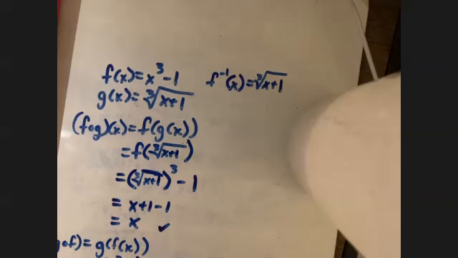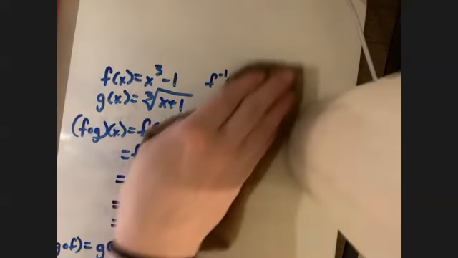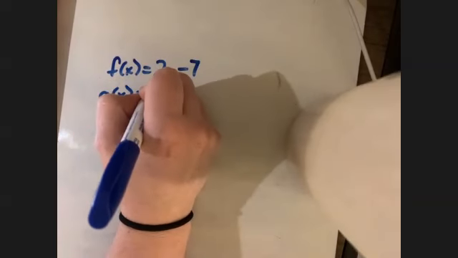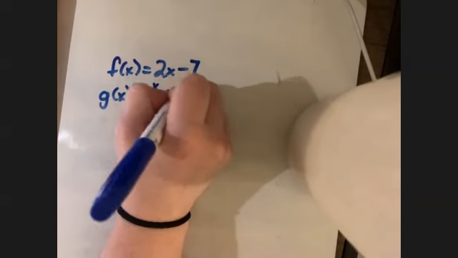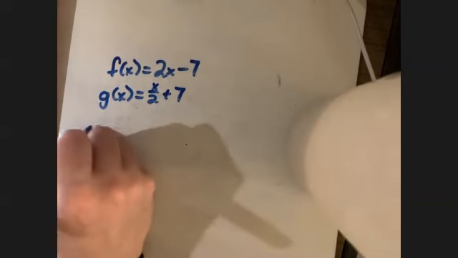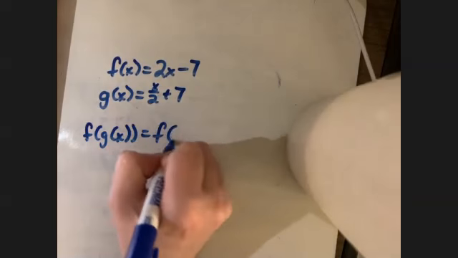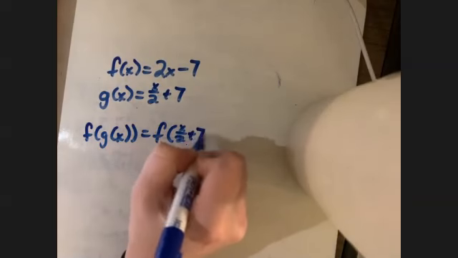Now, let me show you an example of one where it doesn't work, so that you can see where this process falls apart. We're going to do f of g of x. Give me f of x over 2 plus 7.